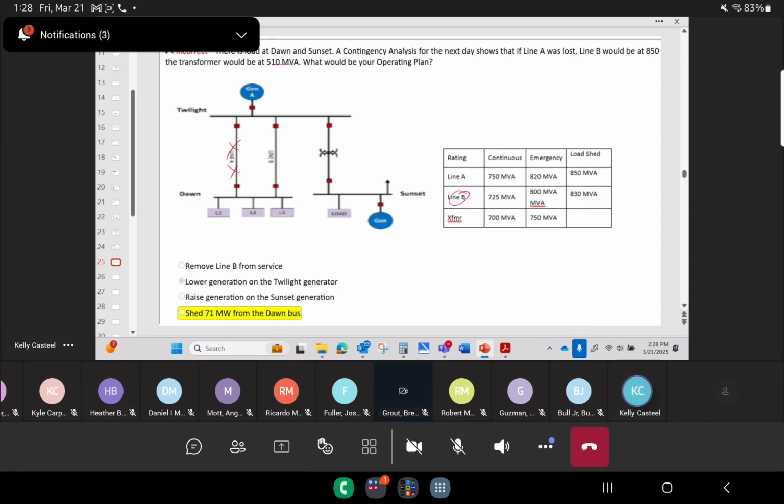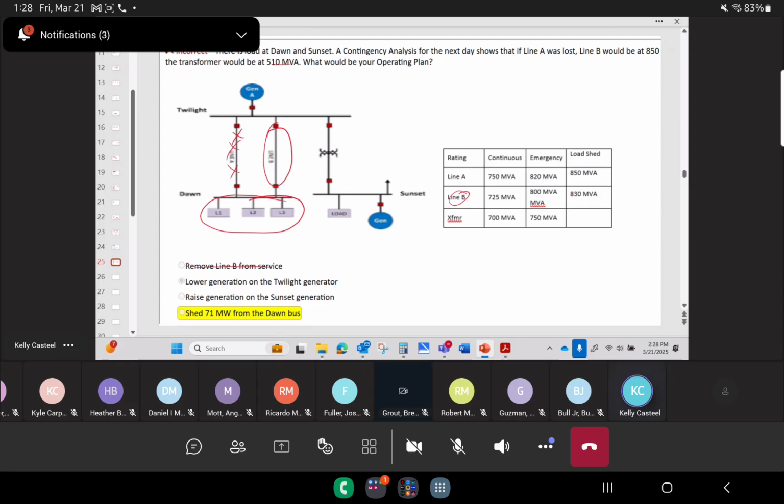In this case, if line Alpha tripped, looking at our options, if we take line Bravo from service, basically we're going to drop these loads. Don't want to do that. Lower generation at Twilight? Well, when you see this configuration, if line Alpha trips, guess what? Line Bravo becomes a radial feed.